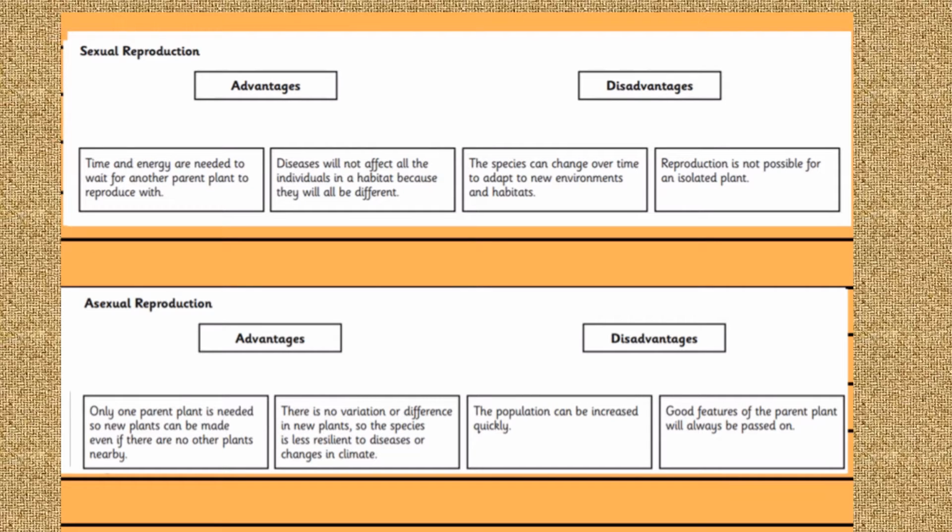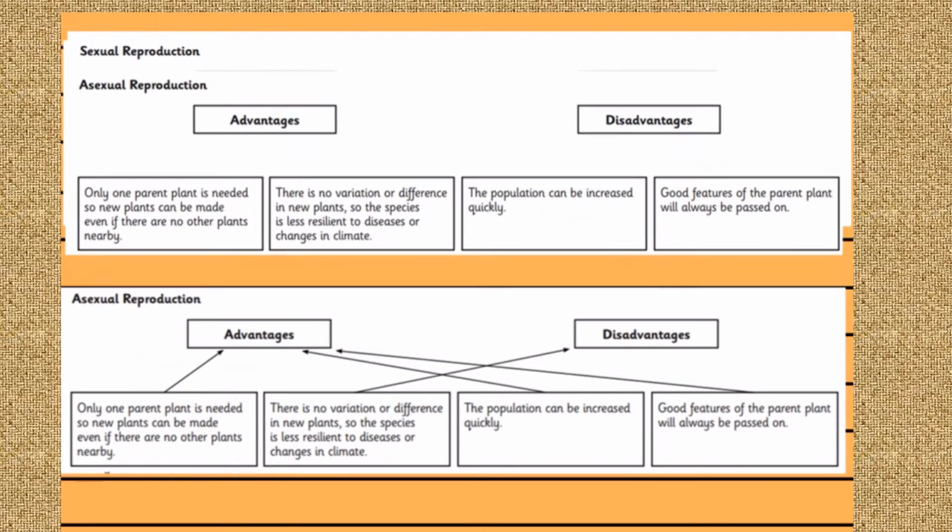The advantages and disadvantages of asexual reproduction are: there are more advantages. Only one parent plant is needed, so new plants can be made even if there are no other plants nearby. The population can be increased quickly, and good features of the parent plant will always be passed on. So those are the advantages.